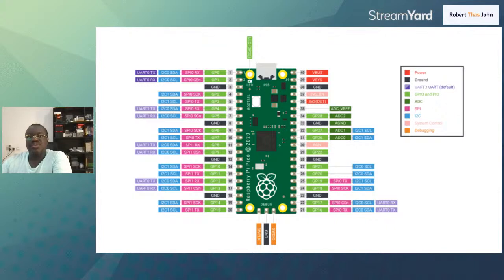These pins tend to support multiple functions. Examples on the screen are, you can see some pins are for power, some pins are for earthing purposes, that's what ground is. Some pins are for general purpose input and output. Some pins are for specific communication protocols.